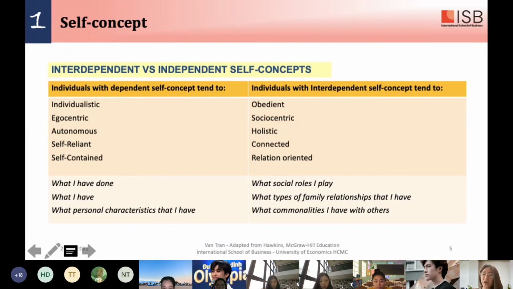And on the other hand, we have the independent self-concept. That means people with independent self-concept, they would rather define themselves as what I have done, what I have, what personal characteristics that I have. So if I ask you the question, how do you think about yourself?